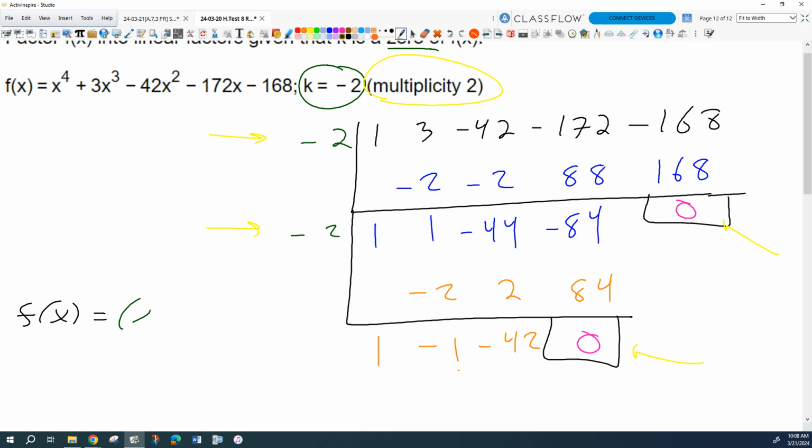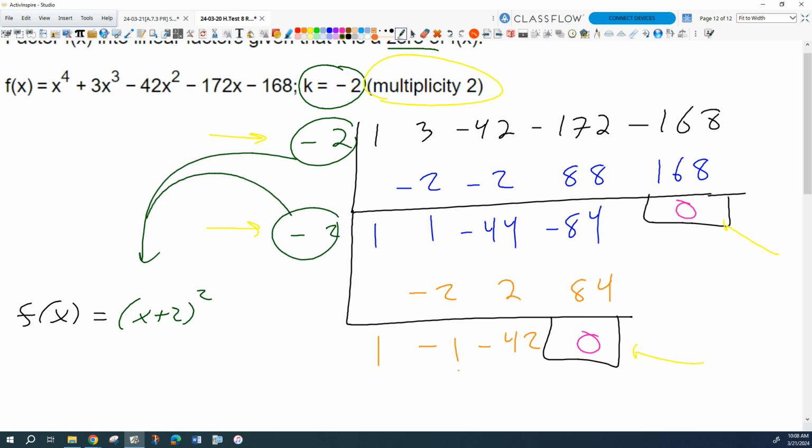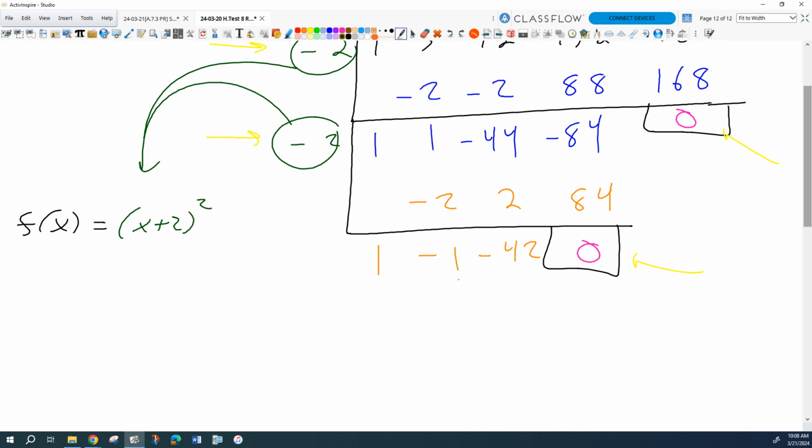Good. That's what that and that are telling us. And the orange part tells us, what's the other factor? X squared minus x minus 42.